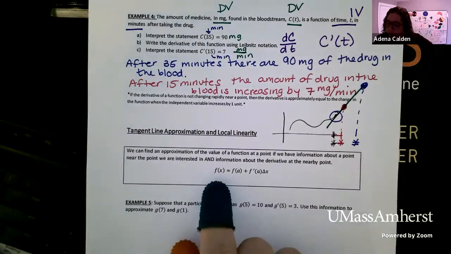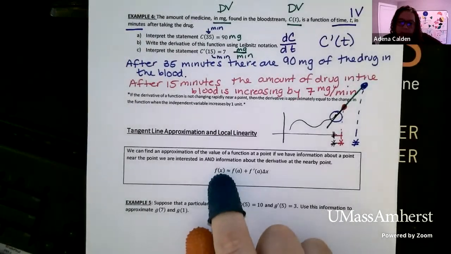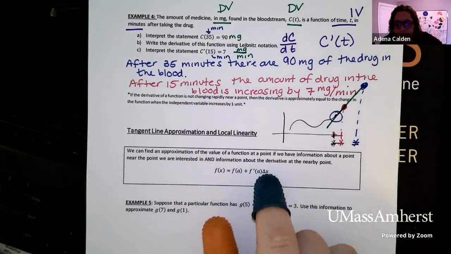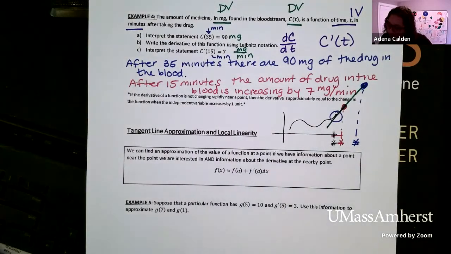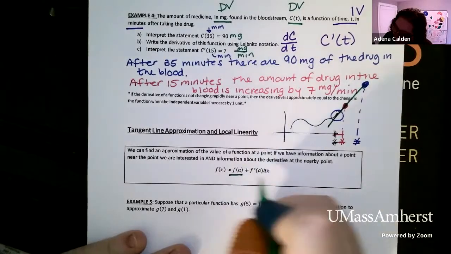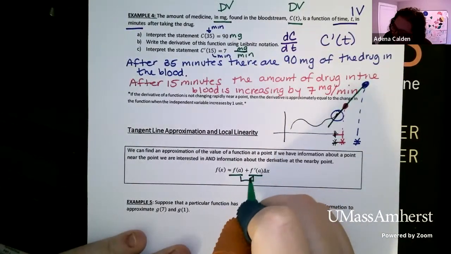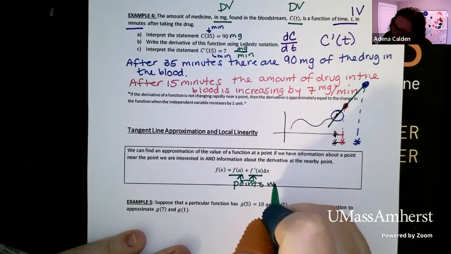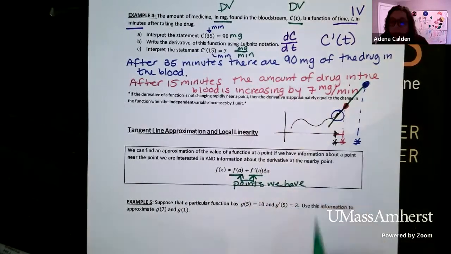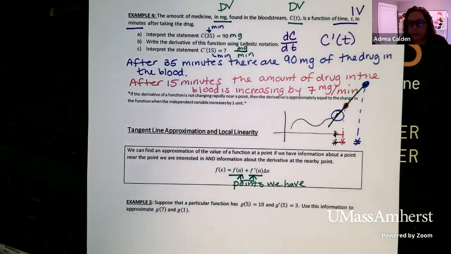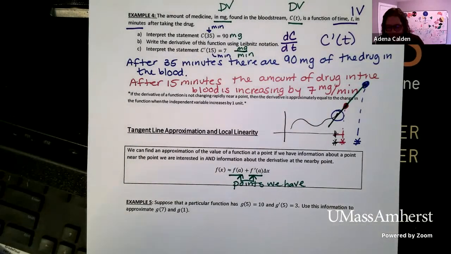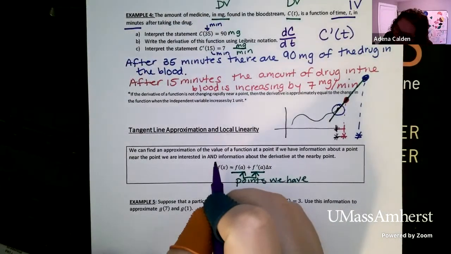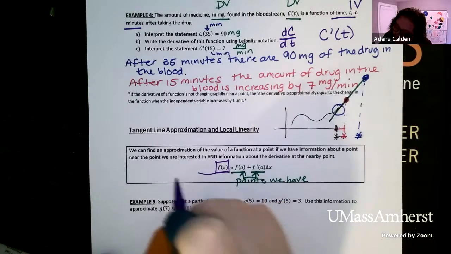The way it works is this is the general formula. It says f of x is approximately f of a plus f prime of a times delta x. So what does this mean? This and this are points we have. You will be given the value of the function at a point and the value of the derivative at a point. f of x, this is a little confusing, is the point we want.